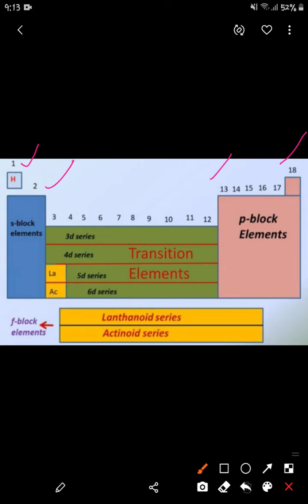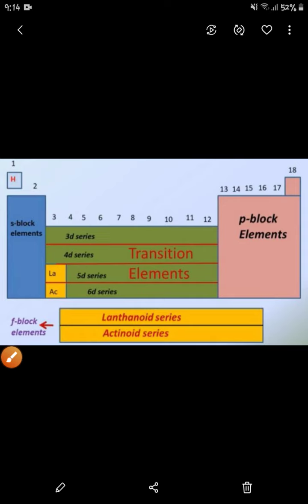Now the middle portion of the periodic table, that is from group number 3 to 12, are known as d block elements. Okay, I am repeating it. Group number 3 to 12 are known as d block elements.